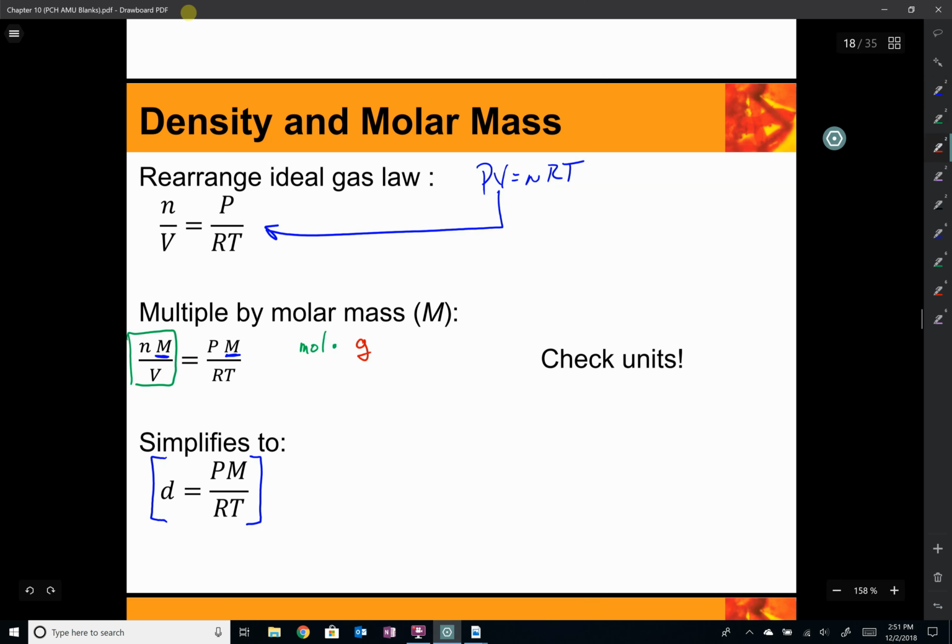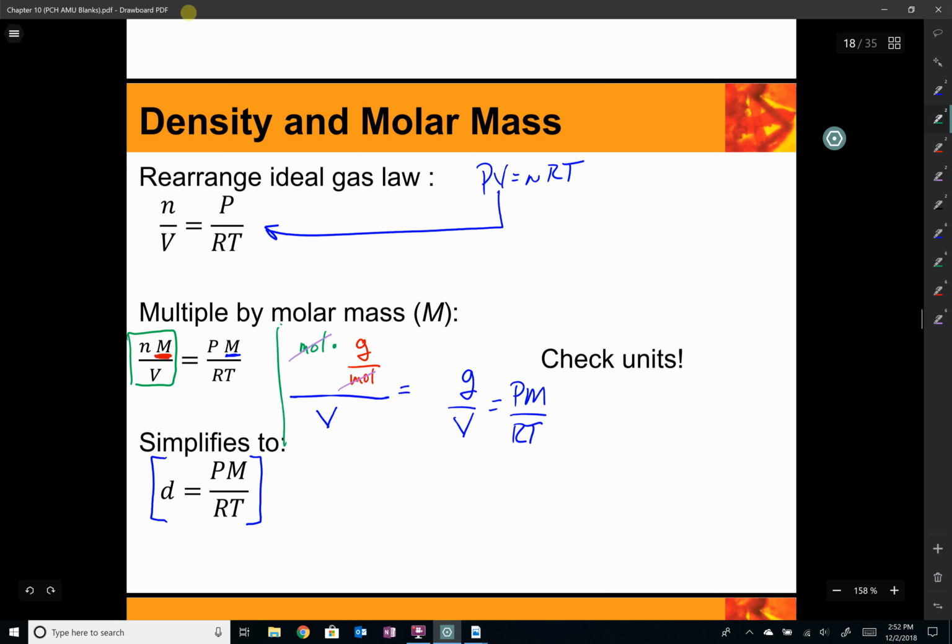Molar mass M here is grams per mole, and we divide everything by volume, V. If we look at our units, moles cancels out with moles, and so that whole side in green over there simplifies to grams over volume, equals PM over RT. Got it?